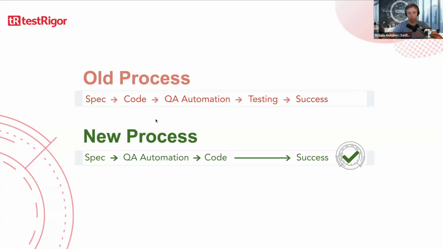So consider a more efficient approach where product managers write the specification, and then QA automation can build the automation before engineers write the code. This way, the only communication would be between product managers and QA automation.